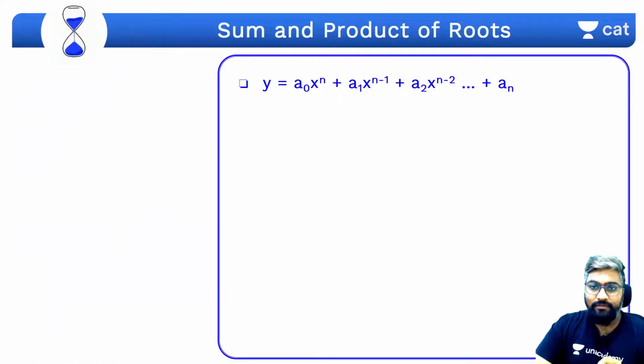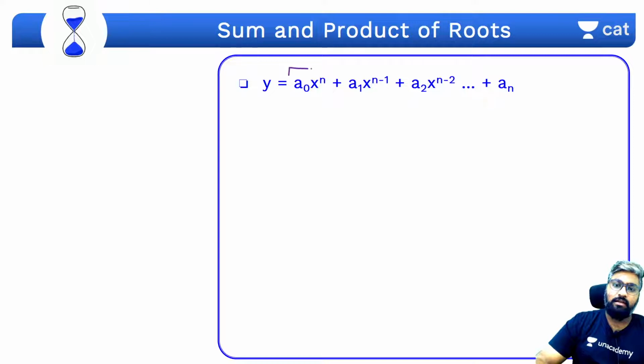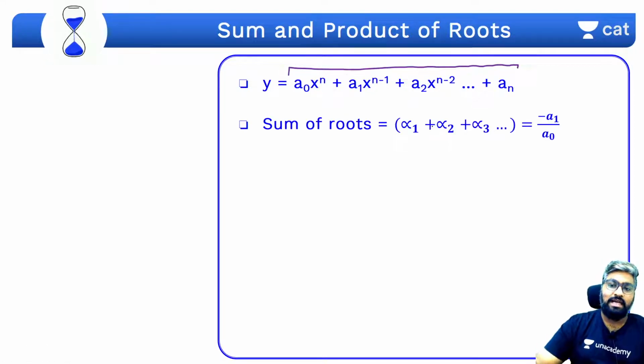If this is your standard polynomial, then the sum of the roots, alpha 1 plus alpha 2 plus alpha 3, and so on, will always be equal to minus a1 by a0.